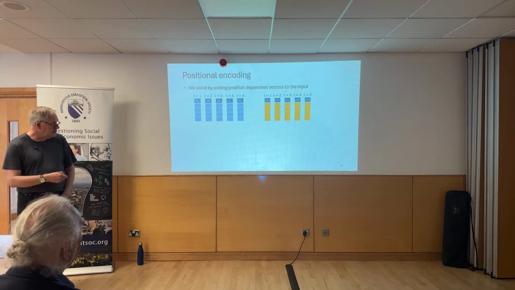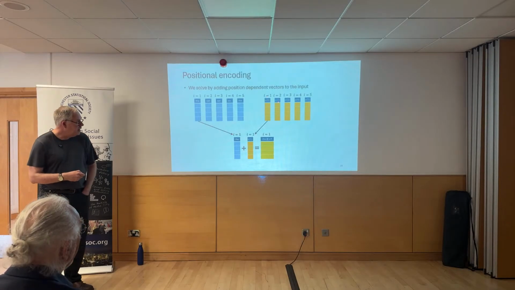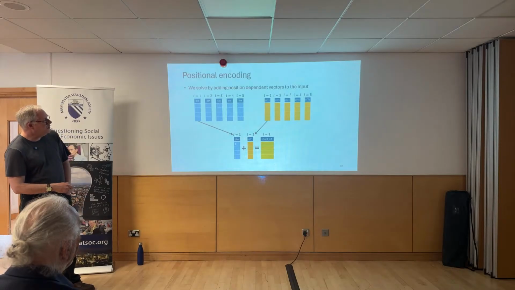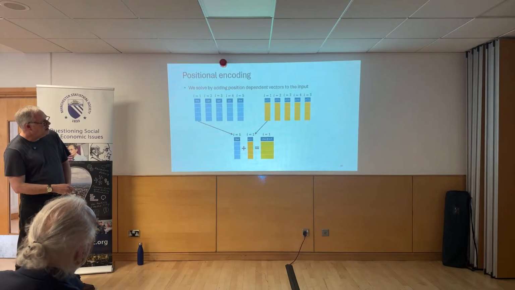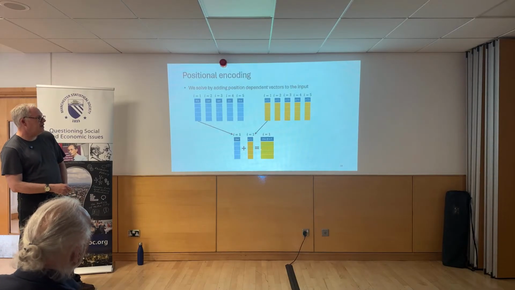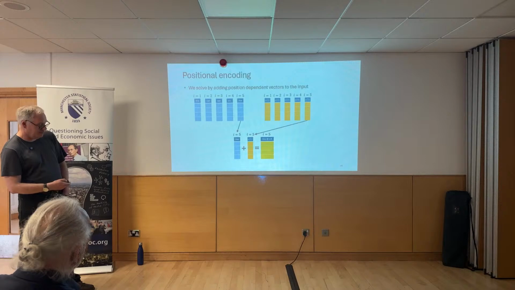And all I do is I take these orange vectors and I numerically combine them, I just literally add them to my starting vectors. So for example, at position 1, I take my first word, which is "the", and I combine it with the output from this function p, where I've input the value i equals 1, and I get this green vector here. So this green vector represents the word "the" at the first position, and I just do the same for all the other words in my prompt.